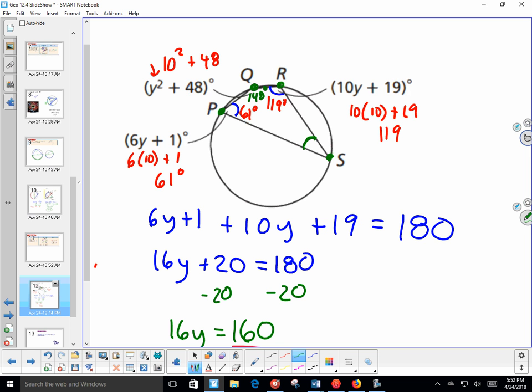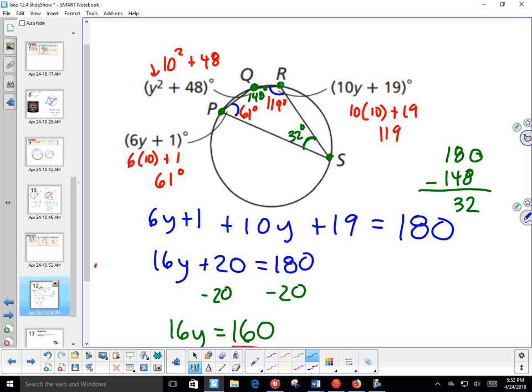And then angle S is across from angle Q. So what do we know about angle S and angle Q? Well, we know that they are supplementary, so I can do 180 minus 148. And when I do that, I end up getting 32 degrees. So angle S measures 32 degrees.